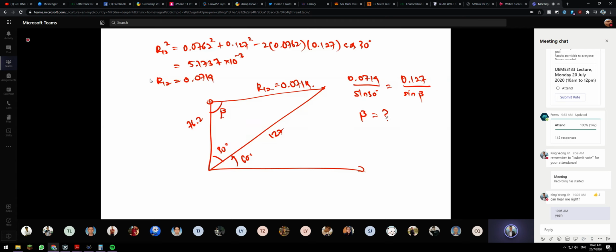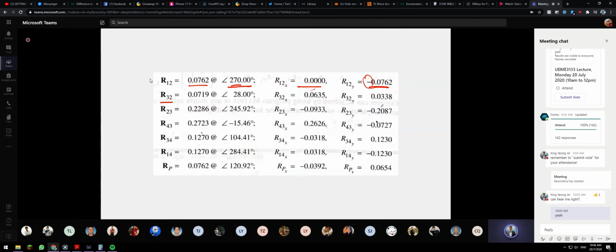Okay. So same thing. This is how we find the 28. Actually, it's the same as the question just now. So we get 0.0635 and also 0.0338.